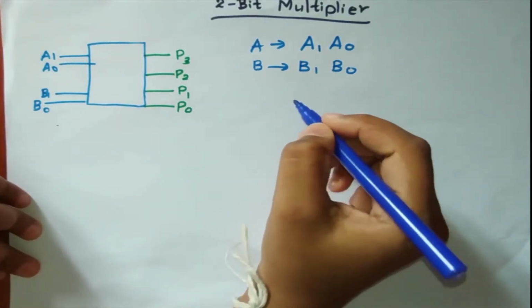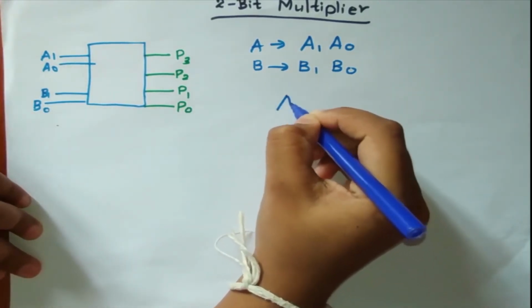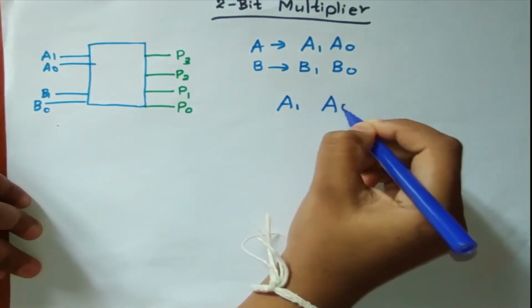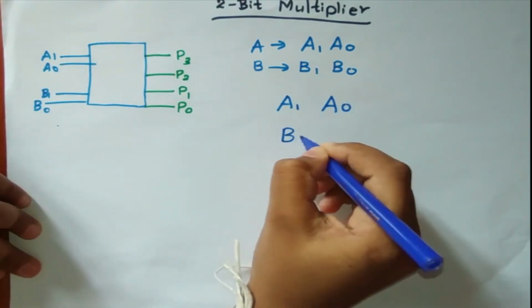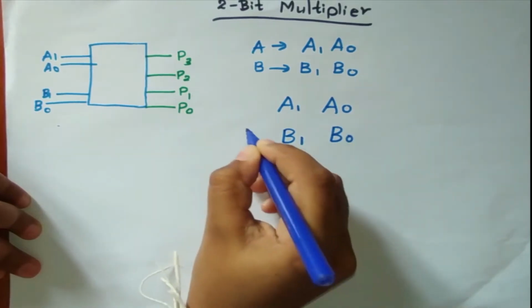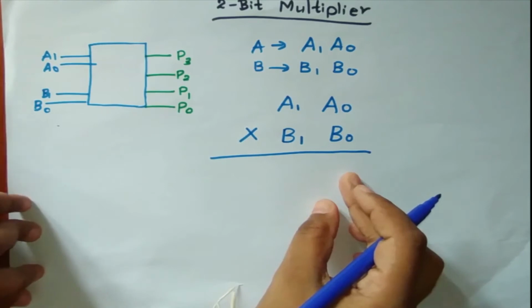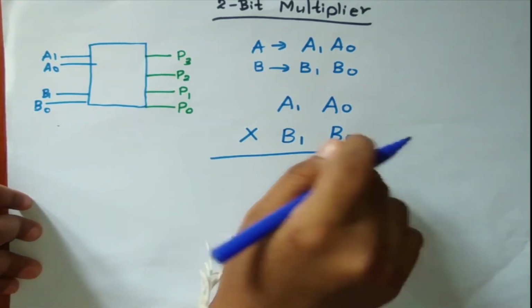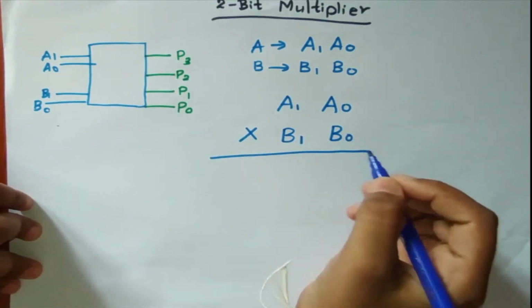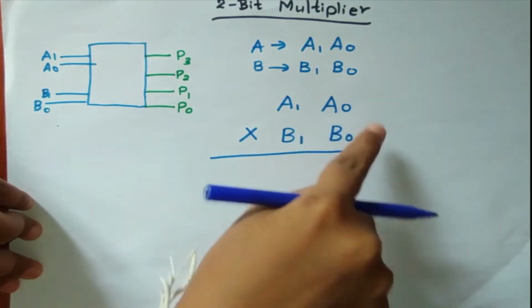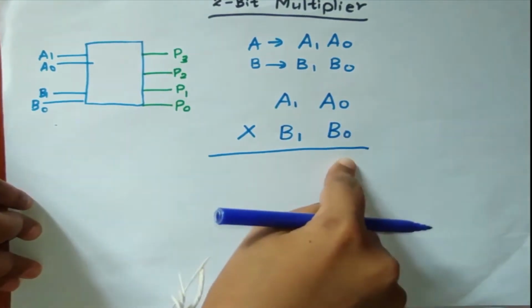As we do the binary multiplication, in the first row, we are going to write the multiplication of A1, A0 by B0.